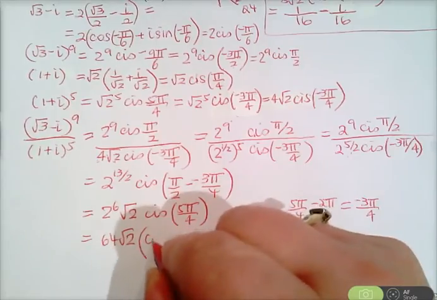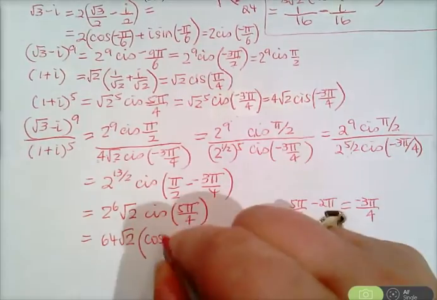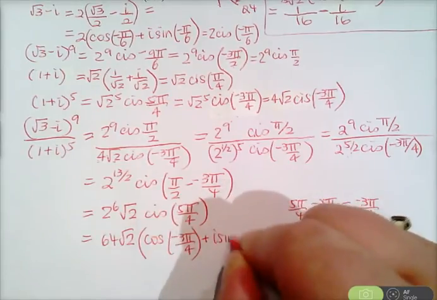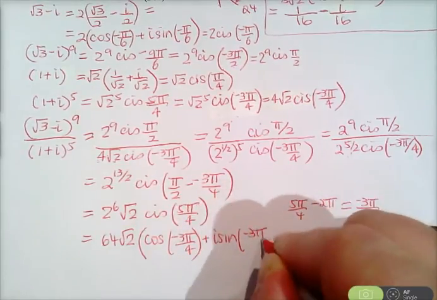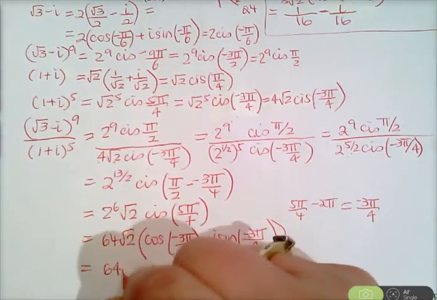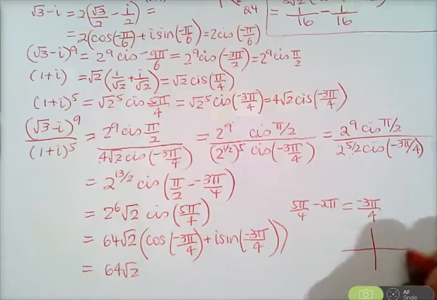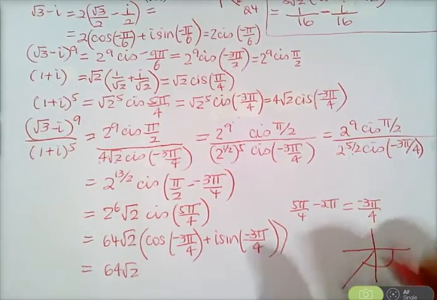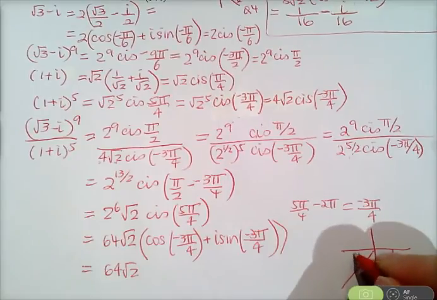And I'm going to open this up now: cos of minus 3 pi on 4 plus i sine of minus 3 pi on 4. And just evaluating that, we've got 64 root 2. Now minus 3 pi on 4 is over here with a related angle in here of pi on 4.